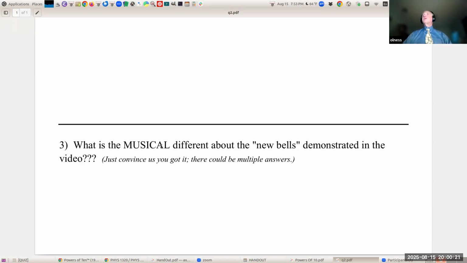It gives a little bit brighter tone, less dissonance. So again, that's sort of a psychological effect. The carillon players are used to the minor third, so that's what they want to hear. They like the old bells, but someone that hasn't been exposed to it before seems to like the major third.